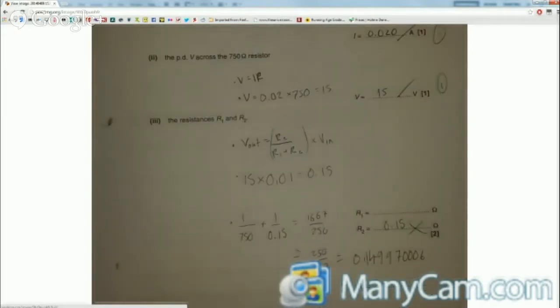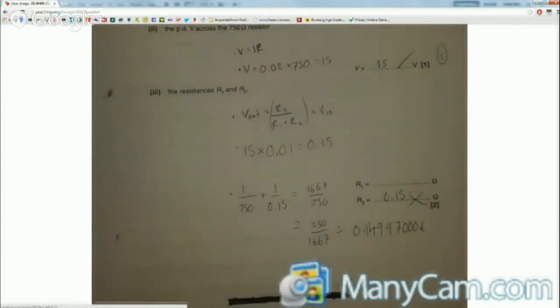What have you tried to do there? You've got VL equals R2 over R1. No, I haven't got a clue what you tried to do there. I don't see anything there with any resemblance of correctness, unfortunately.